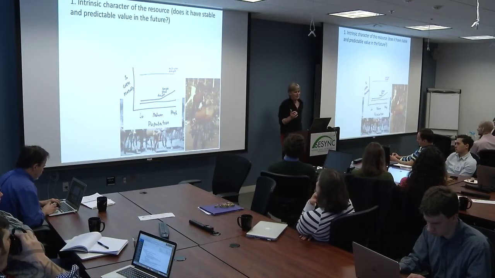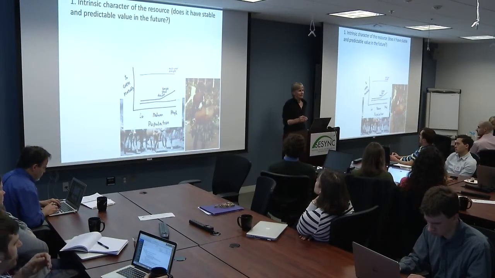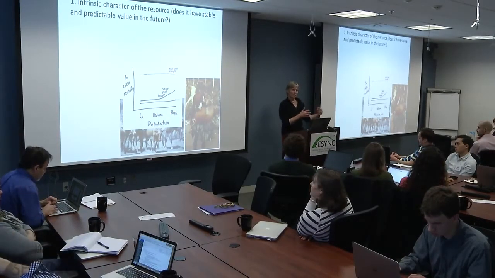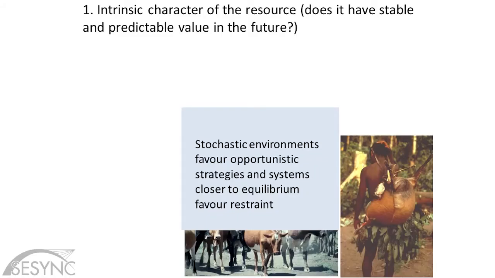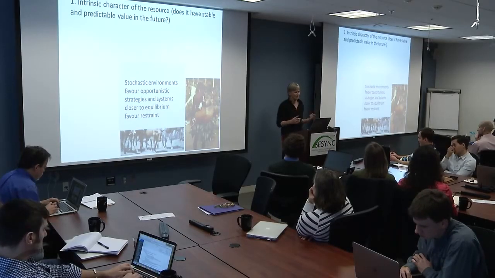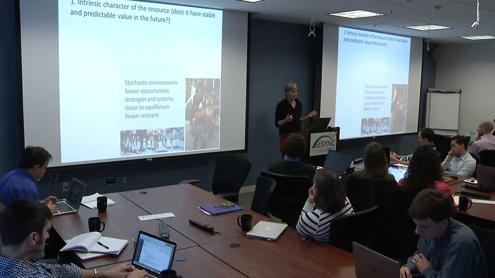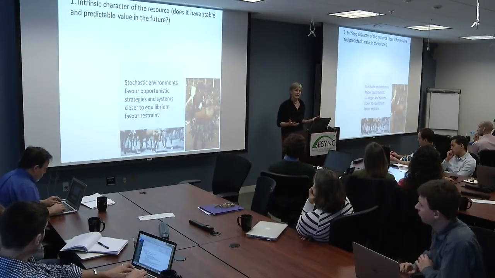So the point here is that it just doesn't make sense to reduce your cattle holdings, because the loss of your cattle is not dependent on how many you have. Under these kinds of circumstances, you wouldn't expect conservation to arise. So the more general argument that is developed from this insight is that stochastic environments will favor opportunistic strategies, whereas systems that are closer to equilibrium will favor restraint.